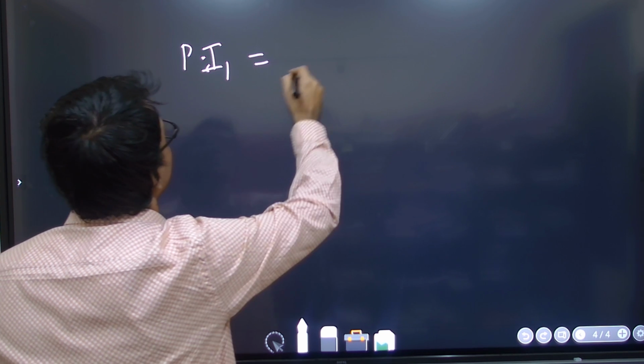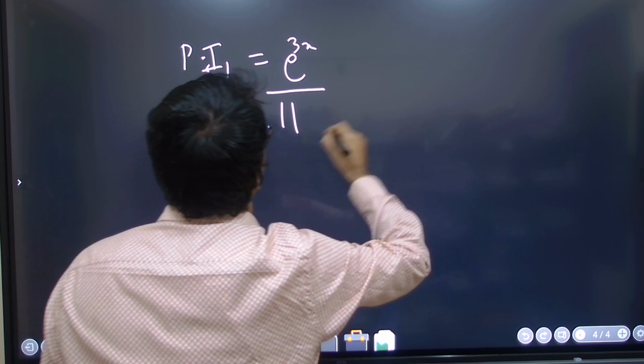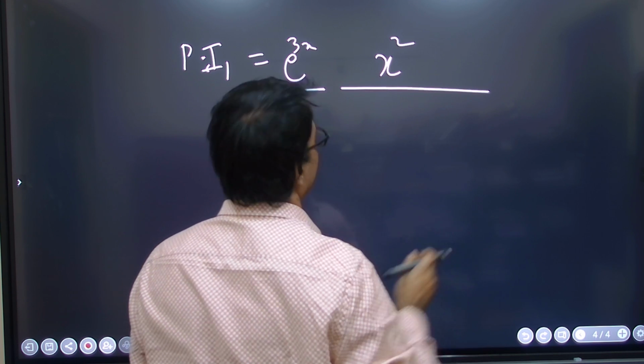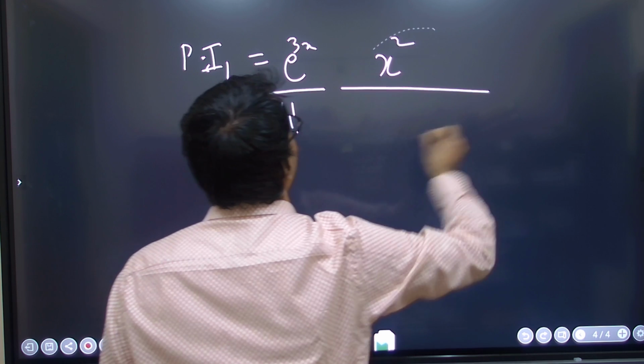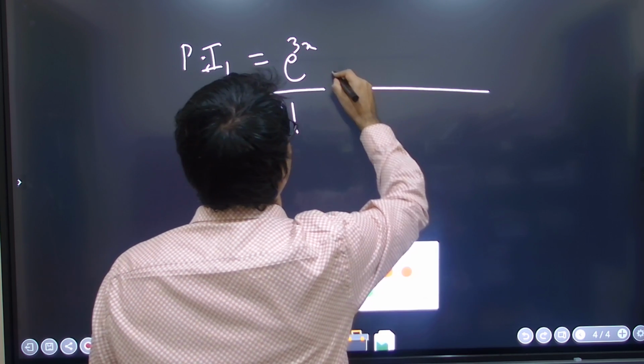Pi1 is equal to e to the power 3x upon 11 x square. Okay, so we'll just try and write what we have got here.